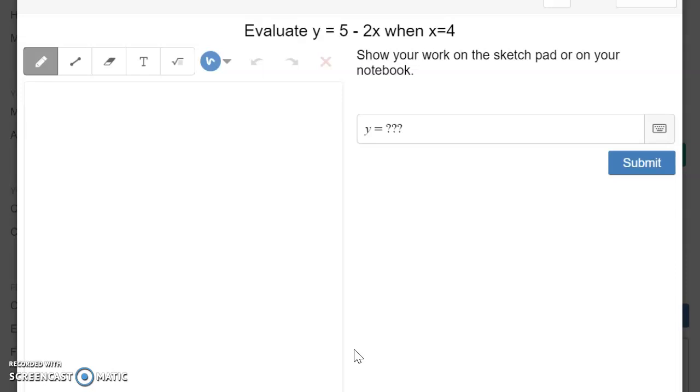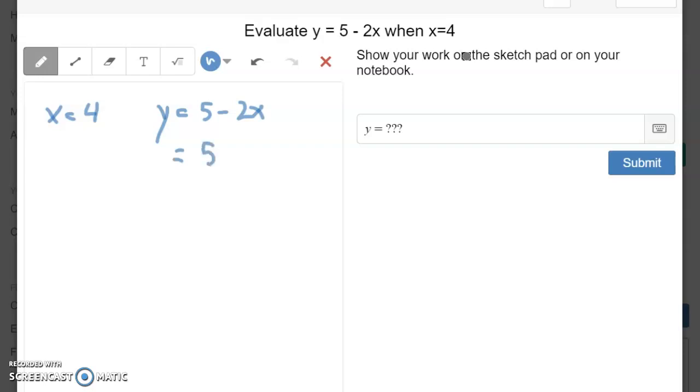Now we are up to card number 7 of Desmos. Here it says to evaluate y is equal to 5 minus 2x when x is equal to 4. What does that mean? That means you just need to substitute that x is equal to 4 into the original equation, y is equal to 5 minus 2x, which just means whenever you see an x in the equation, you use the value of 4.